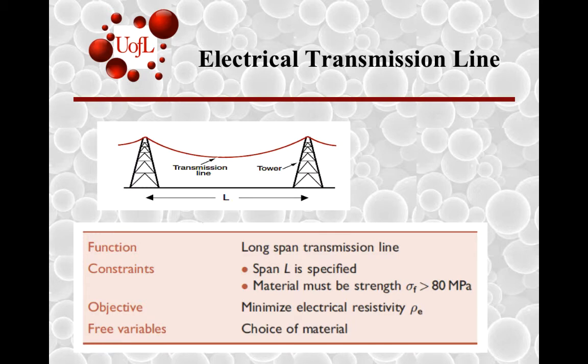So what can you use? Any thoughts? As it turns out, for these types of constraints, if you plot strength versus electrical resistivity, for instance, you will be able to get aluminum and copper as your key possibilities. Give it a try on CES EduPack just to become comfortable with the software.